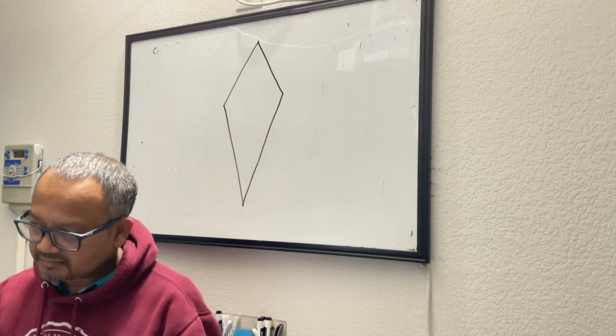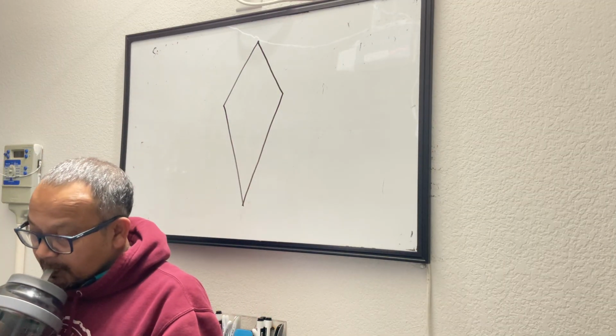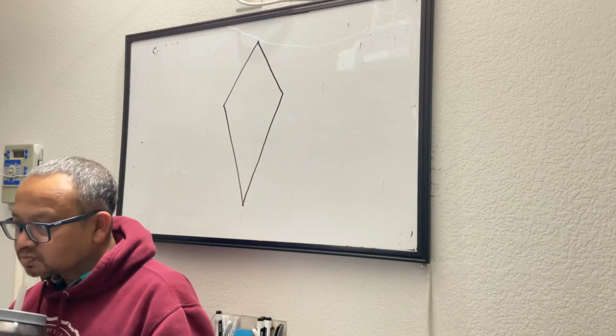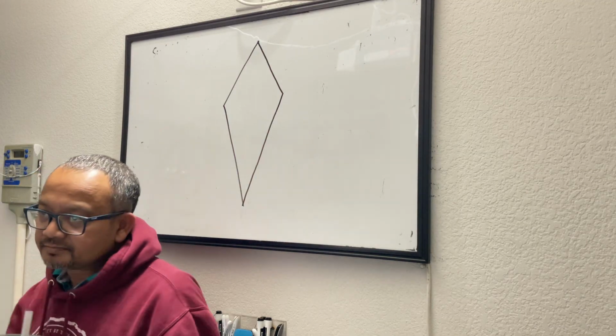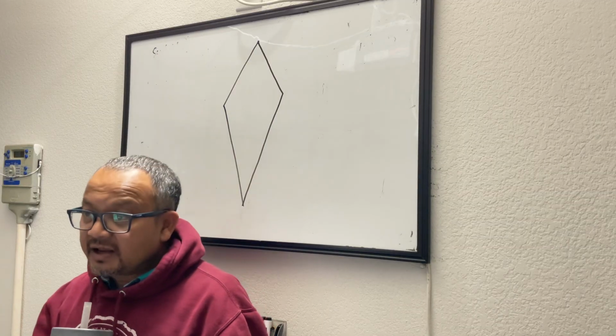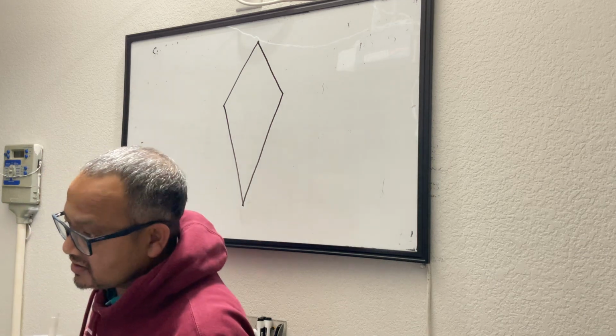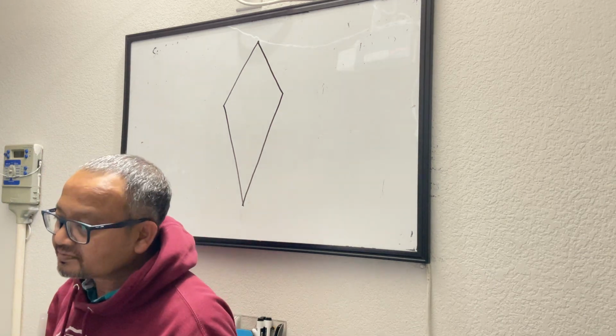A kite is a quadrilateral. Think and raise your hand. Just raising the hand doesn't give anybody a prize. Yes, Mandeep.